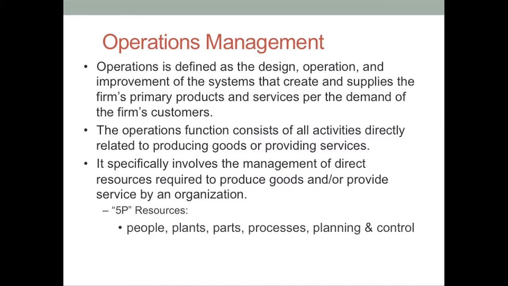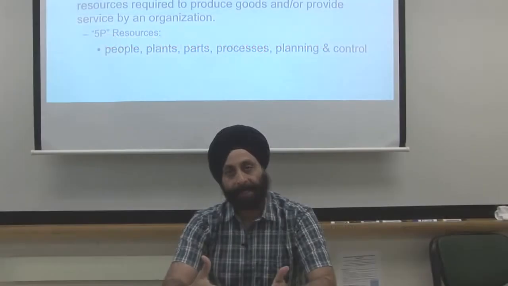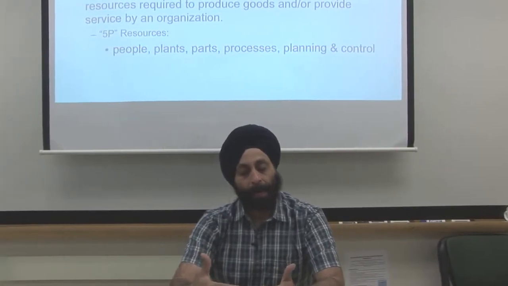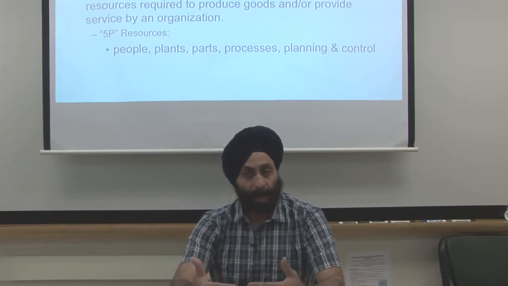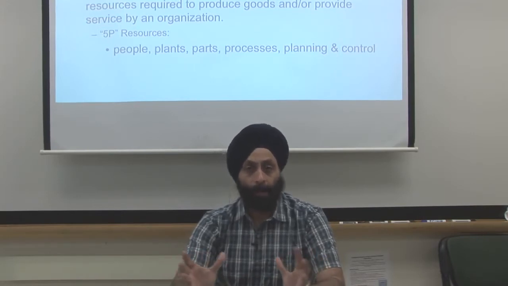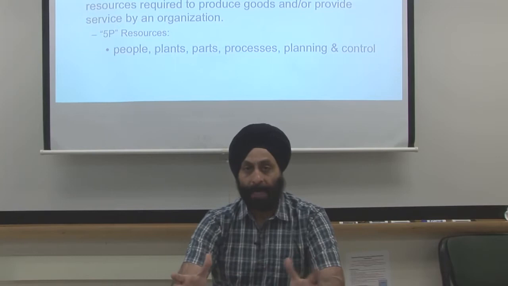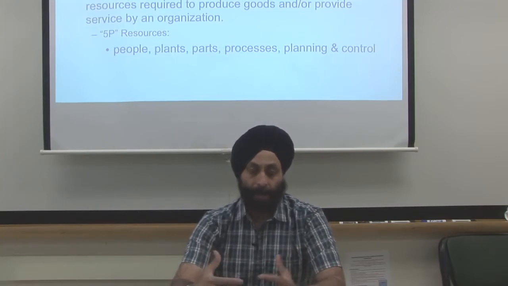And in this case, it specifically involves the management of direct resources. We need money for all the activities within the company, but what are the things that are needed for direct production of goods and services? Those are referred to as 5 Ps. The first is people. So we need workers as well as management who are put together as one of the Ps, people, to create the goods and services.